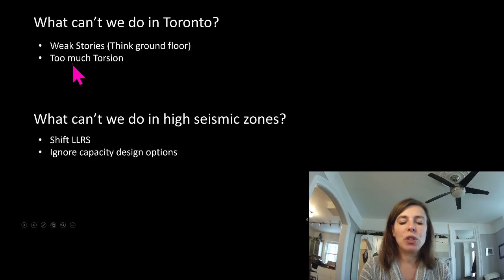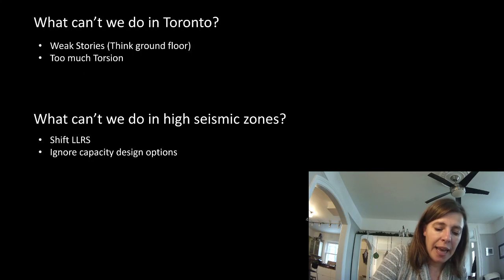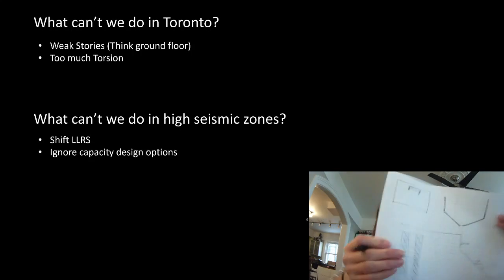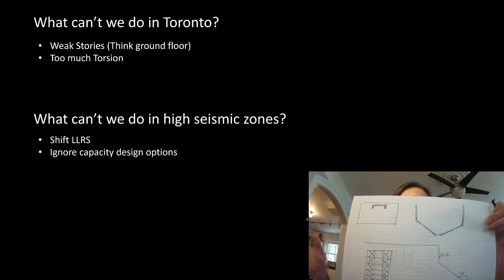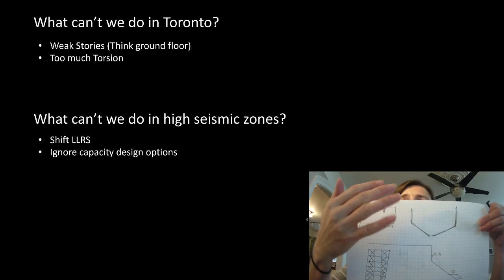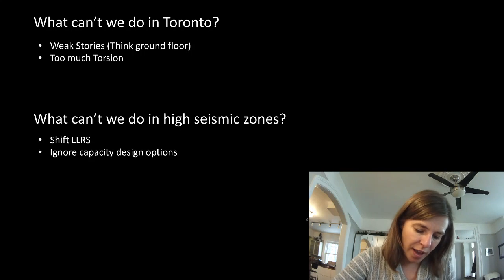We can't have too much torsion. So torsion is what I was saying in plan. So say we have a nice building with an elevator core right here. So it's strong enough in this direction and this direction, but if our earthquake comes at a corner, our building might try to twist.